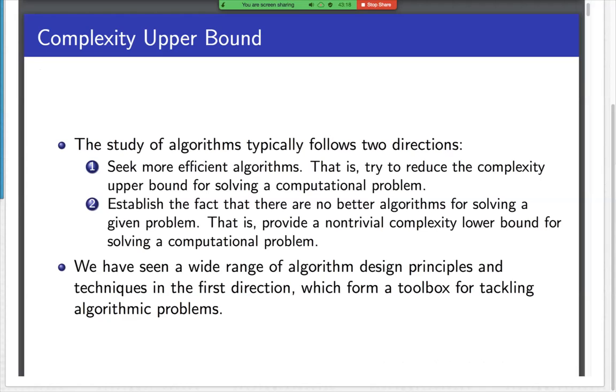One, of course, is what we have been doing: seek more efficient algorithms, right? We know there are quadratic time algorithms, and it's pretty easy to design. And then we try to push our limit to reduce that quadratic time to linear time. So we have seen two algorithms designed in this direction.